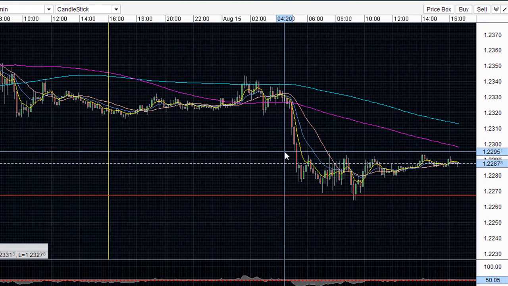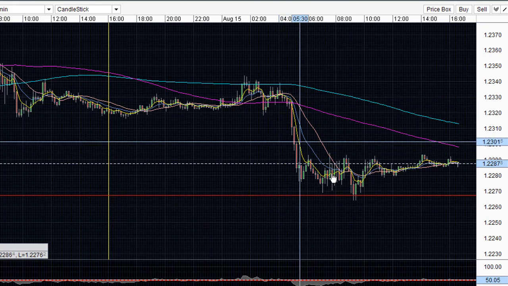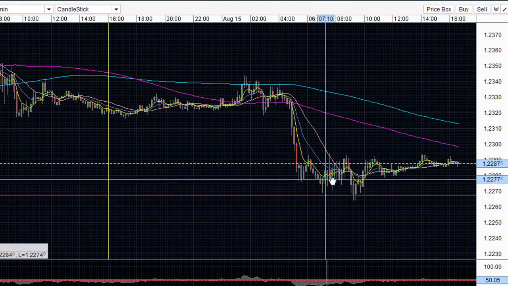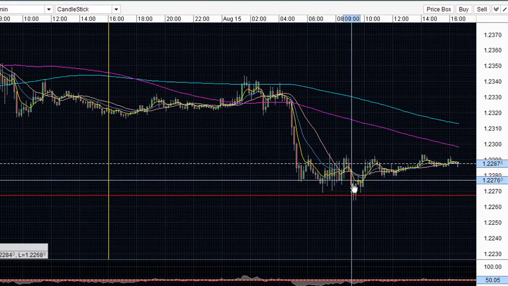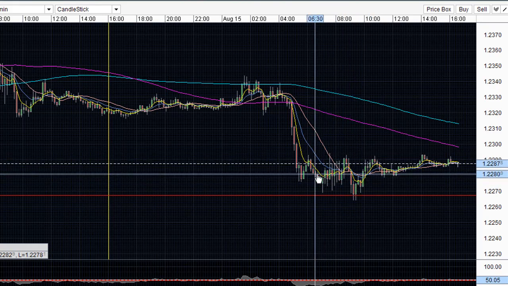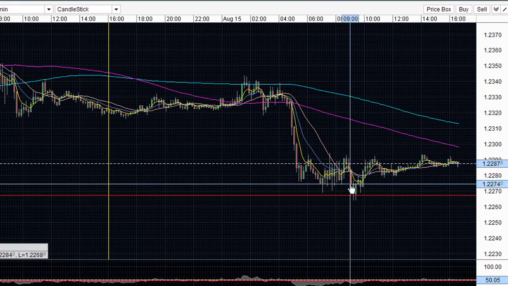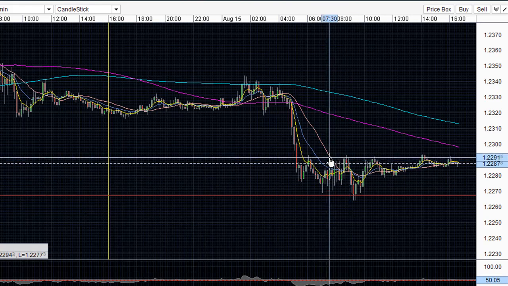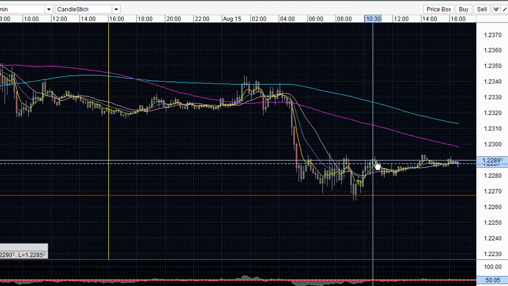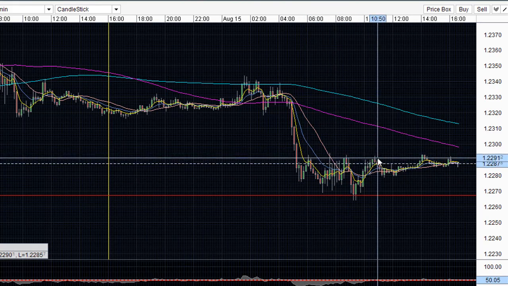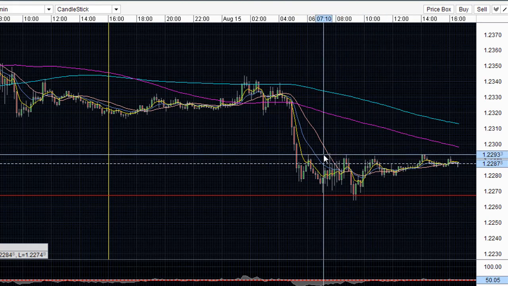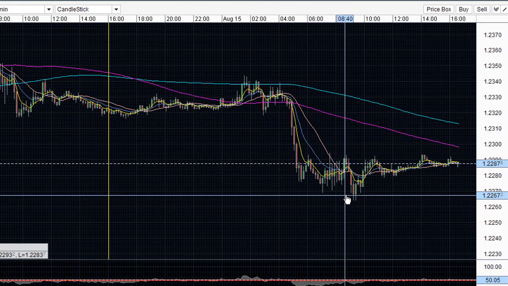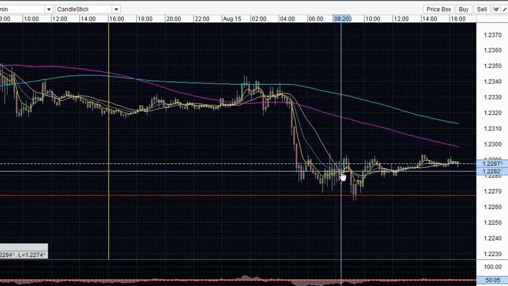But as you can see, the pair had fallen, and after this fall, the euro began to exhibit very choppy price behavior during the early part of the U.S. trading session. You could have actually played this range. You could have played the upper area of this resistance here at 22.90, and traded between this resistance and this support down here at 22.70 for a few extra pips.